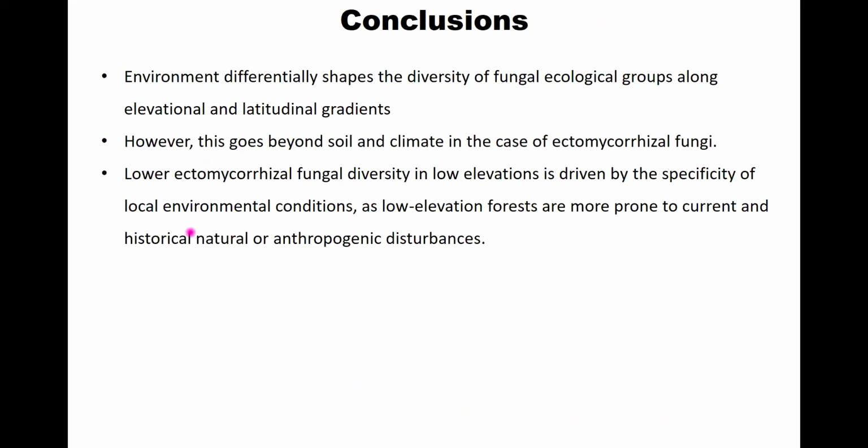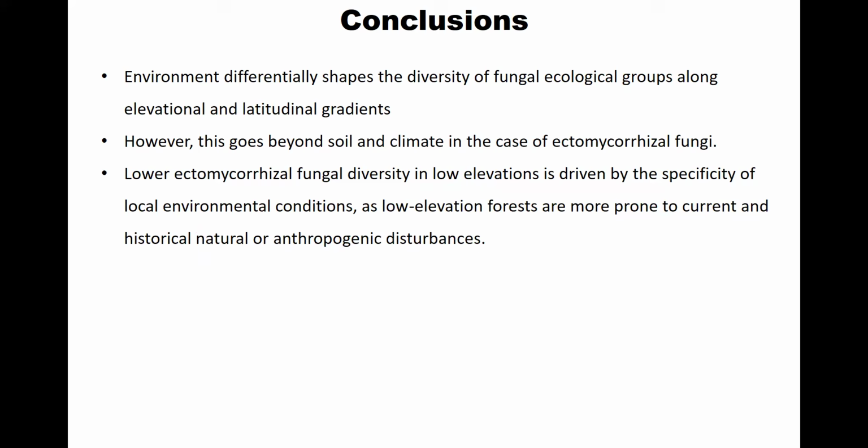And the explanation is the last sentence over here. The lower ectomycorrhizal fungal diversity in low elevation is driven by the specificity of local environmental conditions, as low elevation forests are more prone to current and historical anthropogenic disturbances.